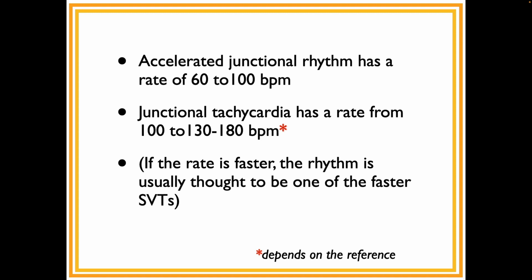So by definition, the only difference between junctional rhythm and accelerated is that junctional rhythm is less than 60. Accelerated junctional is between 60 and 100. And then if it goes faster than 100, it's junctional tach. The only difference between these three rhythms is the rate. Everything else is exactly the same.